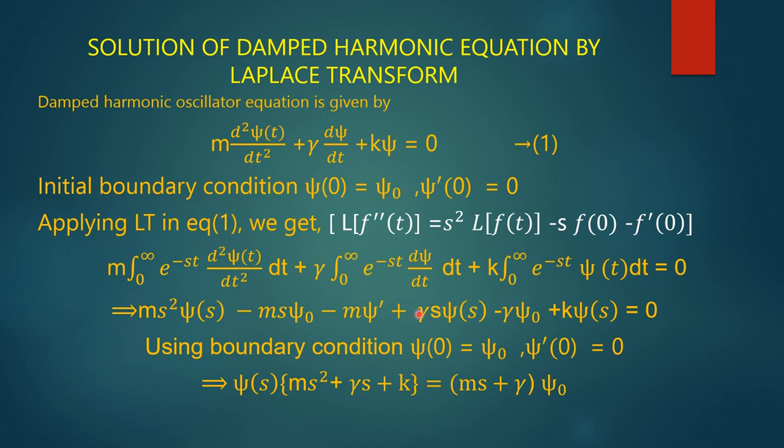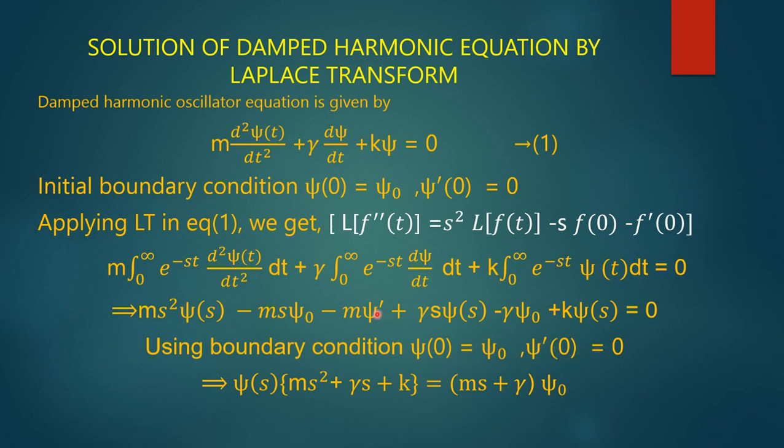That is, γ(sΨ(s) − ψ(0)) is the expression for the Laplace transform of the first order derivative, and this expression, ∫₀^∞ e^(-st) ψ(t) dt, is the Laplace transform of the function ψ(t), that is kΨ(s), and the sum is equal to 0.